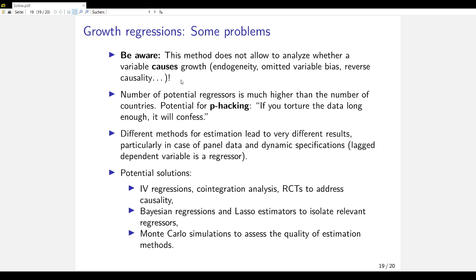First by fixed effects regressions, where they then found out that this is of course problematic because of the Nickell bias, where the lagged dependent variable is then correlated with the fixed effects and so on, and later on with system GMM estimates. But these methods often lead to very different results. So if you use, for example, system GMM versus difference GMM estimators, it could be that the results are completely different in the end.